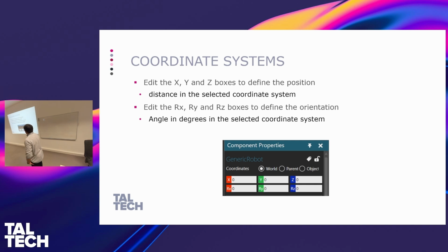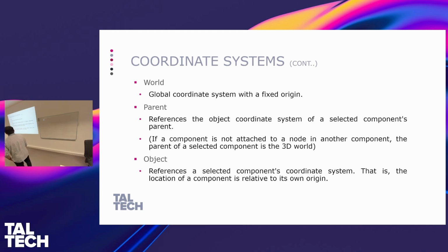Coordinate system, nothing out of the blue, X, Y, Z, linear, and the rotational is angular also. Since perhaps we don't have an exact plan of where to put things at what distances, we are just randomly putting things. But anyway, it has this coordinate system where you can be more precise.